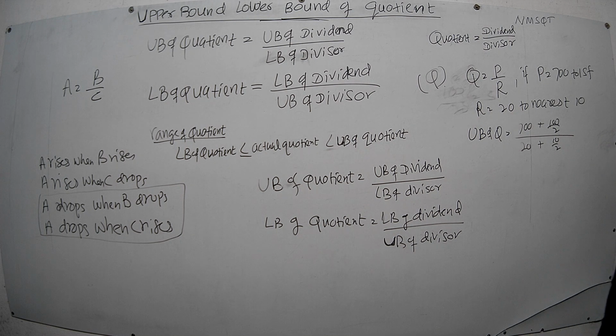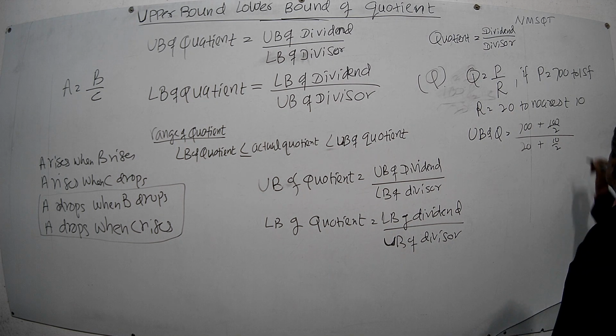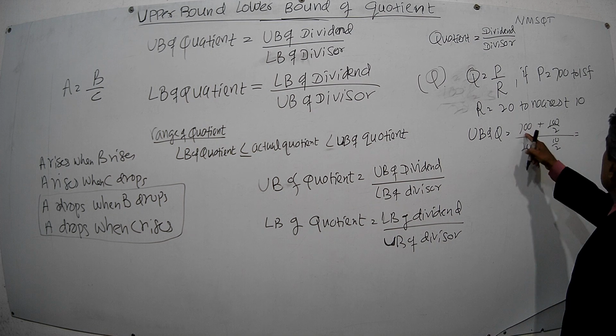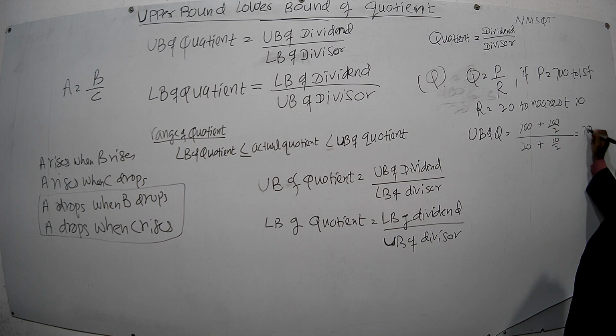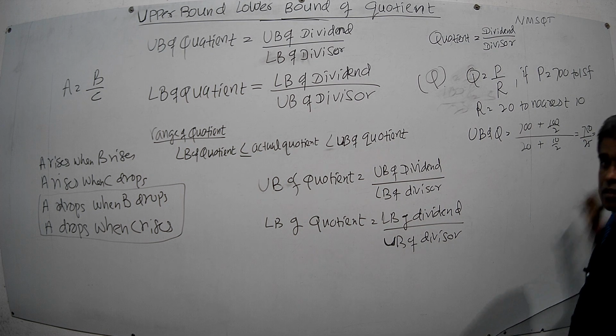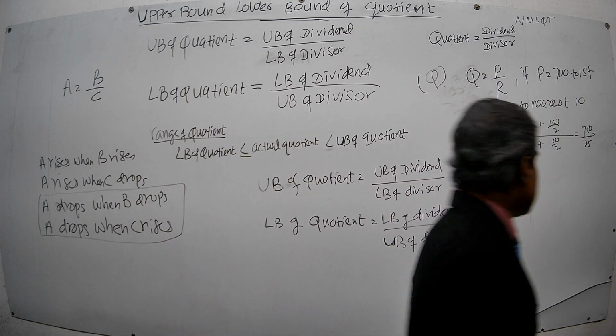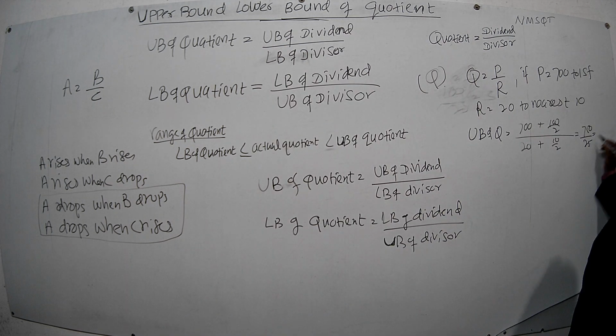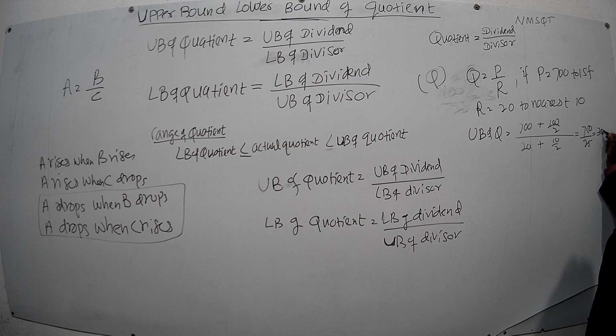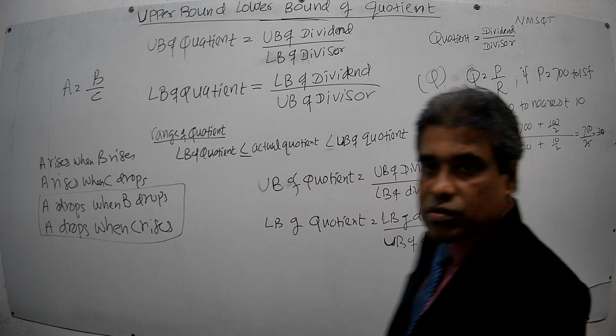Then this will be 750 divided by 25, which is 30. That is the upper bound of Q.